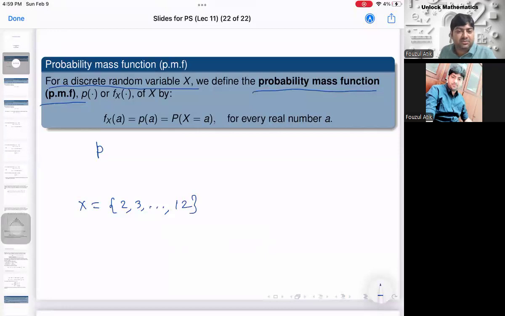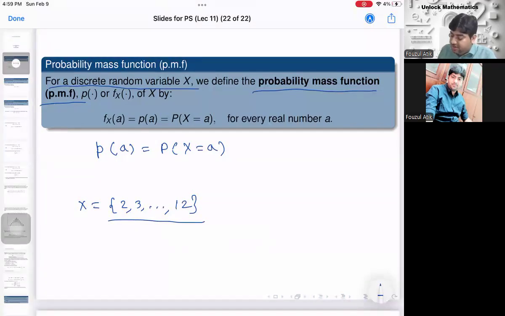So the probability mass function is p of A, which is equal to the probability of the random variable taking this value, P of X equal to A.